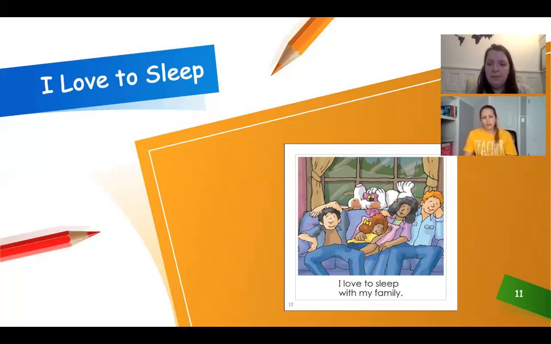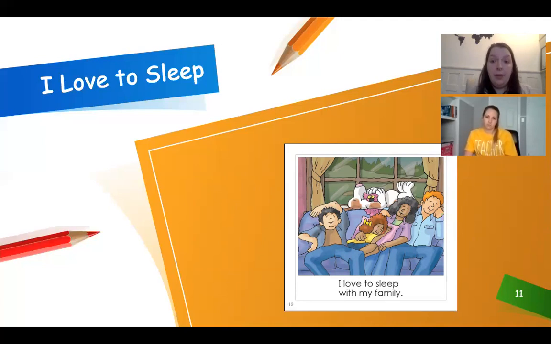And what stuck out to me and what I noticed in this picture is everyone in the picture, including the dog, has a smile. Exactly. I think they're really happy to be sleeping with one another on their couch. Yep, everyone's eyes are closed, and it looks like a good place to take a nap.